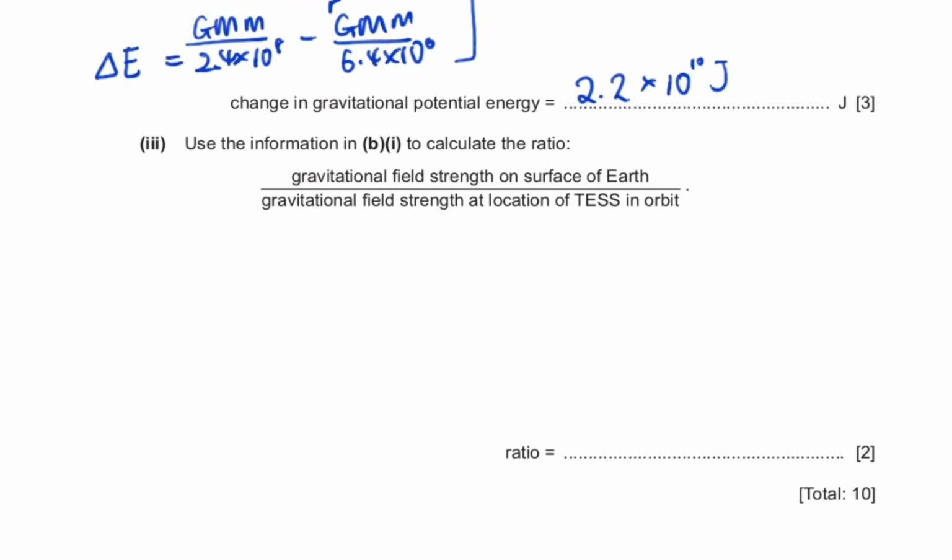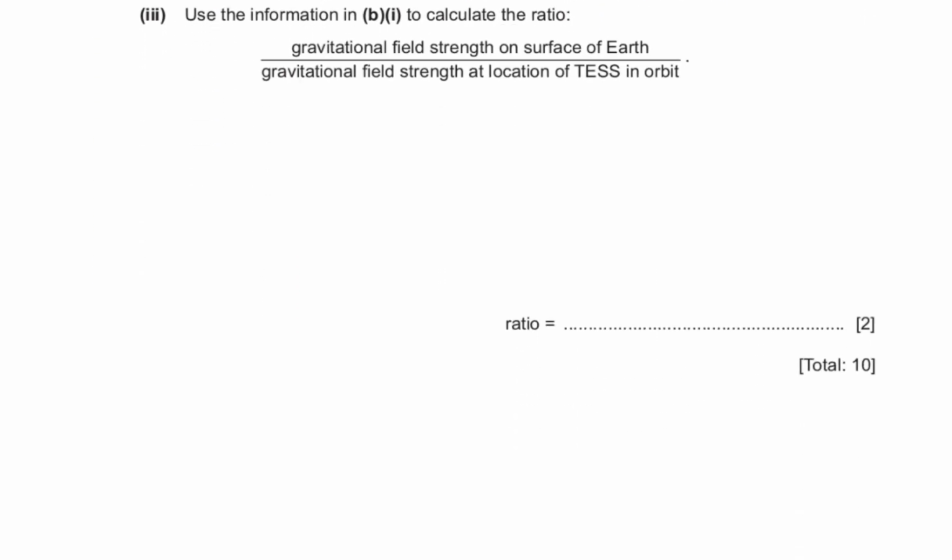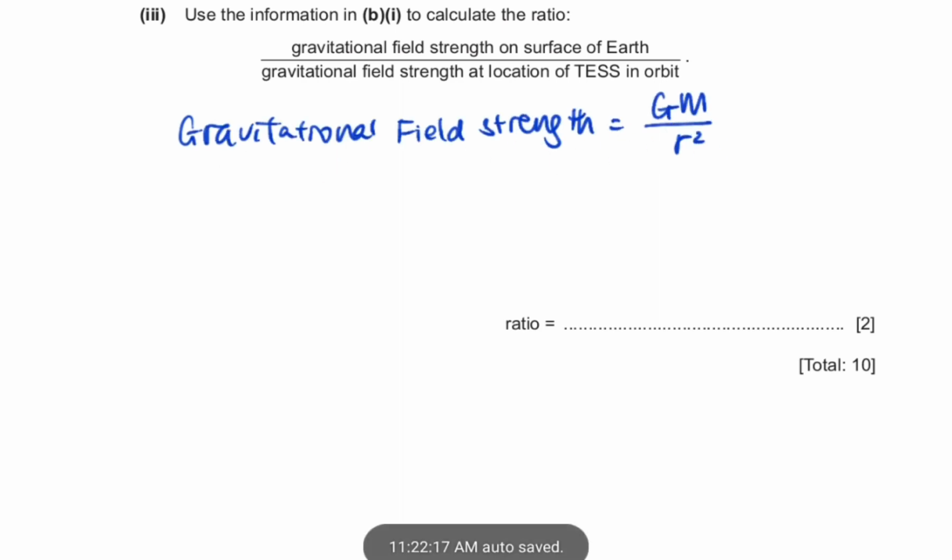So we have our final part, and over here they tell us to use the information in B1 to calculate the ratio of the gravitational field strength on the surface of the Earth compared to the gravitational field strength at the location of Tess in orbit. So again, let's just start with the formula. This is the formula for gravitational field strength.